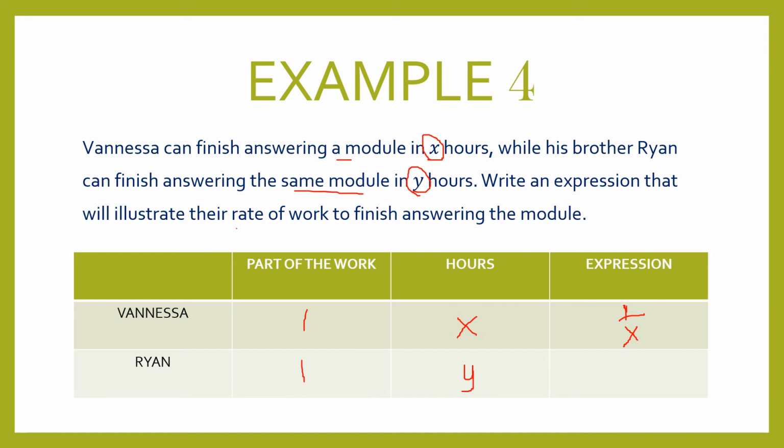Ito yung expression na nagre-represent sa rate of work of Vanessa to finish answering the module. Next, how about Ryan? Part of the work, 1, over hours, y. So, that is 1 over y. Ganun lang kasimple. So, 1 over x, ito yung rate ni Vanessa to finish answering the module. 1 over y, rate ni Ryan to finish answering the module.